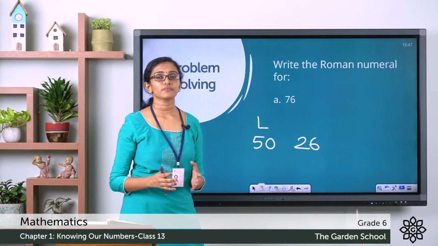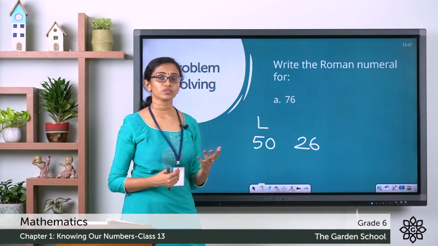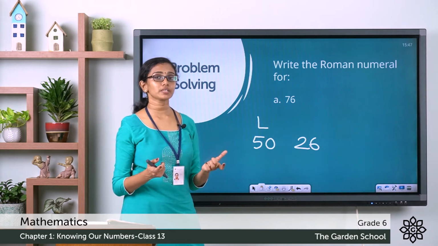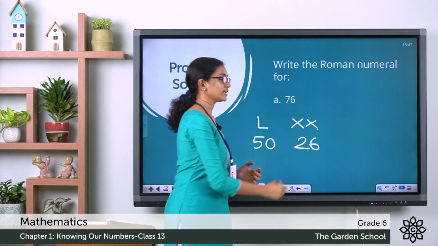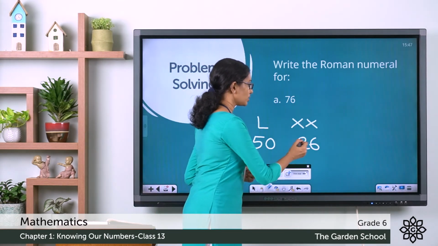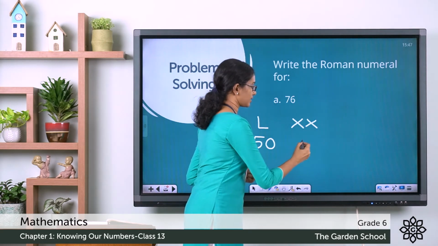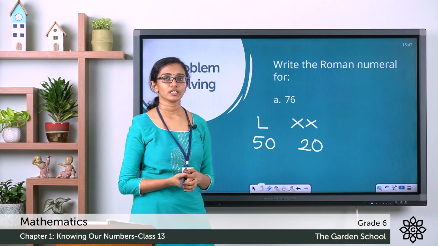Do you have a symbol for 26? No. Do we have a symbol for 20 or 6? See, we can represent 20 with two X's, right? So with 2 X's, we have a value equal to 20. Now what is left? 6 is left.